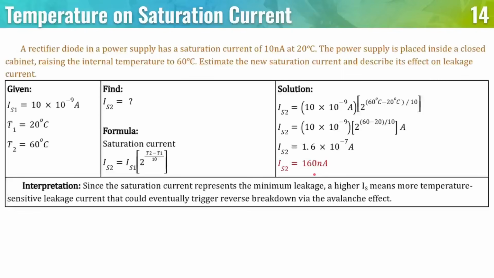If there is enough reverse current, it could trigger reverse breakdown via the avalanche effect, where it is slowly, very slowly increasing, and then suddenly it increases rapidly. So that is a caveat of this. It's two raised to something, so it's going to be very exponential, and that's why you have to watch out for it.